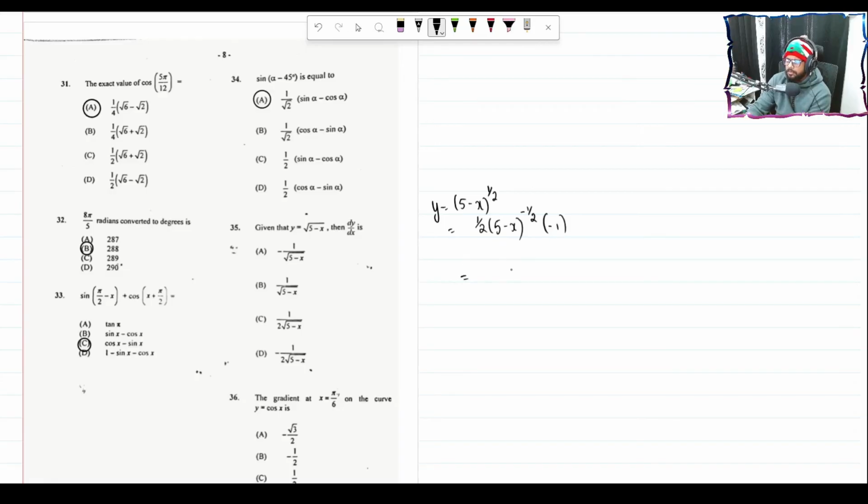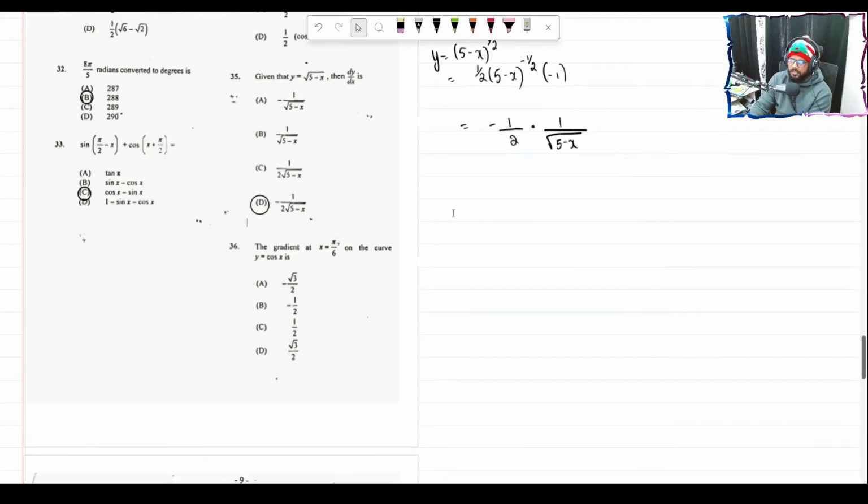This is equal to minus a half multiplied by 1 over 5 minus x to the half, which is root 5 minus x. So it's minus 1 over 2 root 5 minus x. The answer is D.